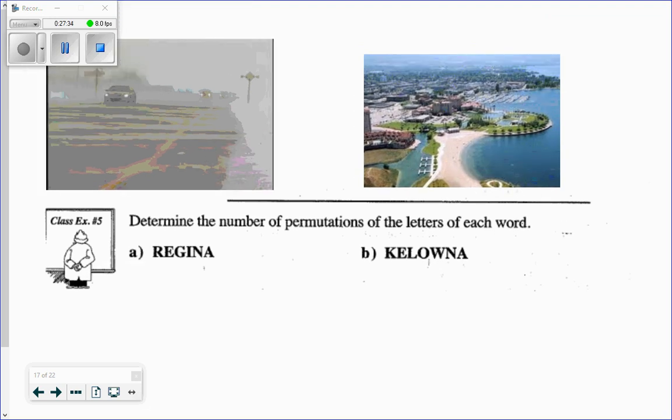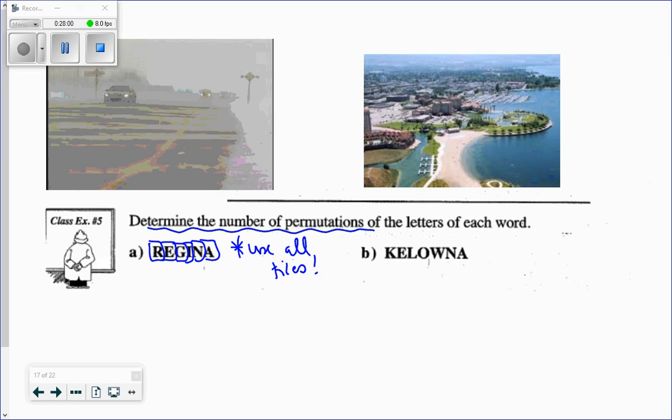Determine the number of permutations of the letters of each word. Regina. So imagine these are all on Scrabble tiles. And when it says determine the number of permutations, that means you're going to use all the tiles. That's what that means.